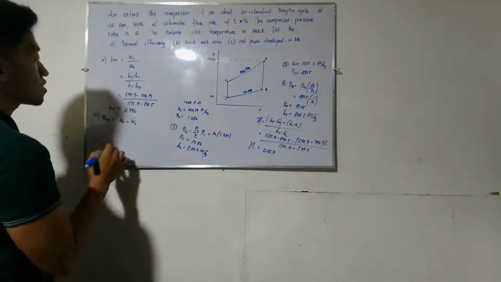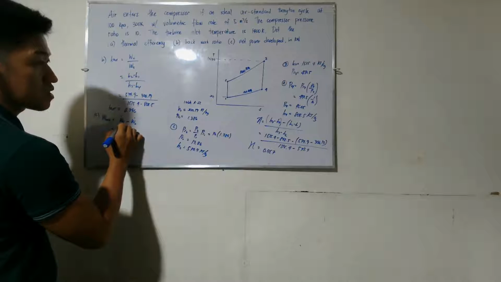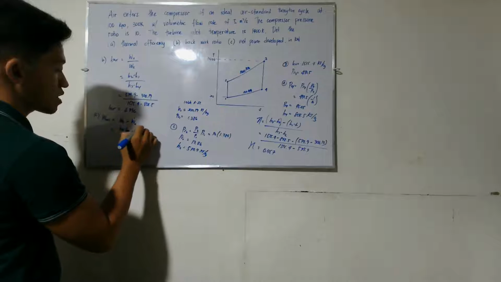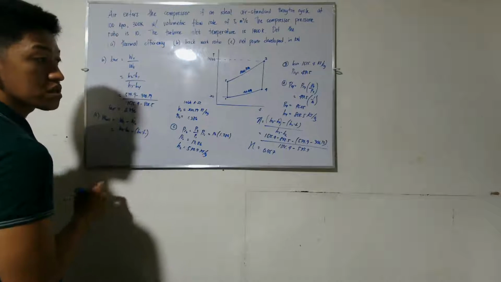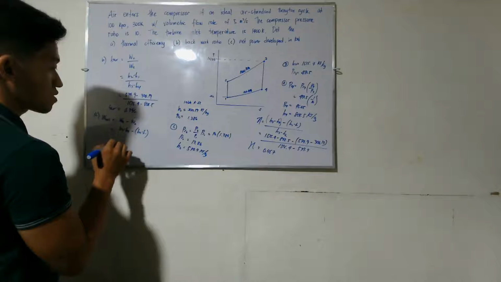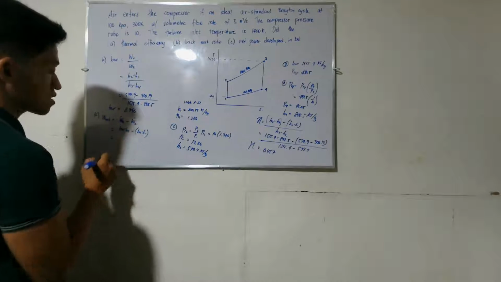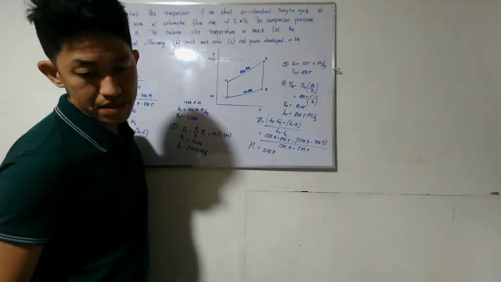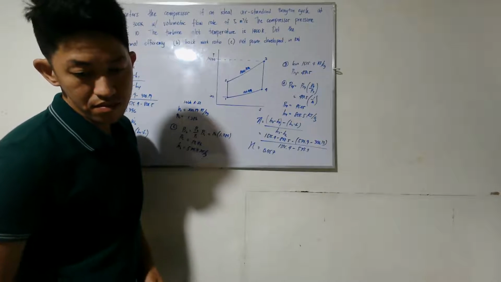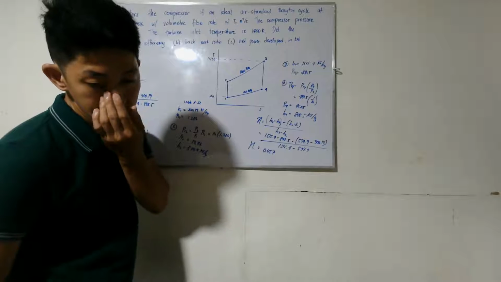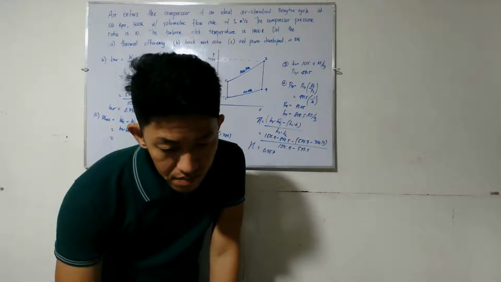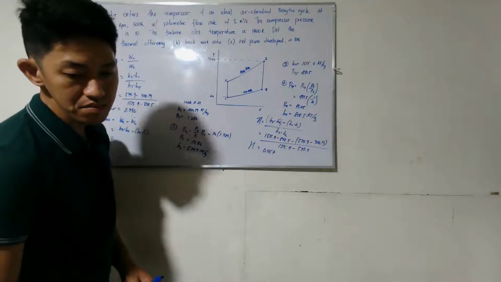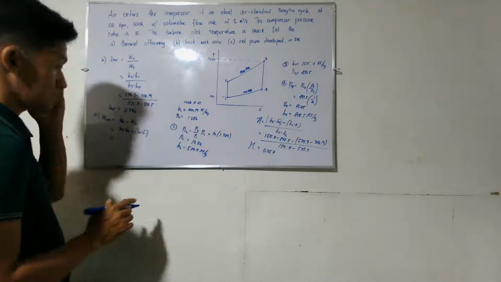So therefore, you have H3 minus H4 minus H2 minus H1. So let's calculate.